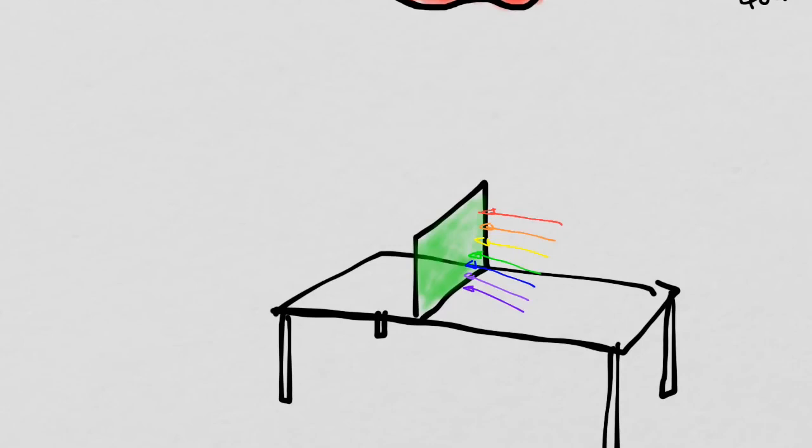What colour is going to come out of the other side? Well, this green screen will absorb red, orange, yellow, blue, indigo and violet and let through just the green light. So green light will be able to pass through it. That's why everything looks green through this green screen.